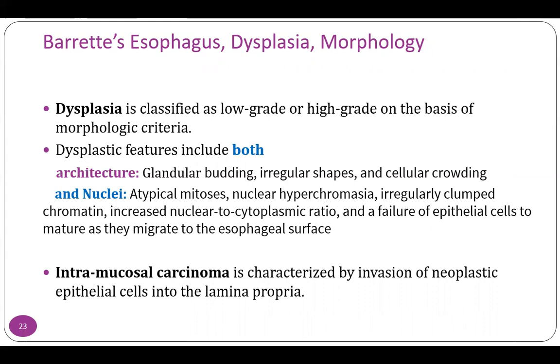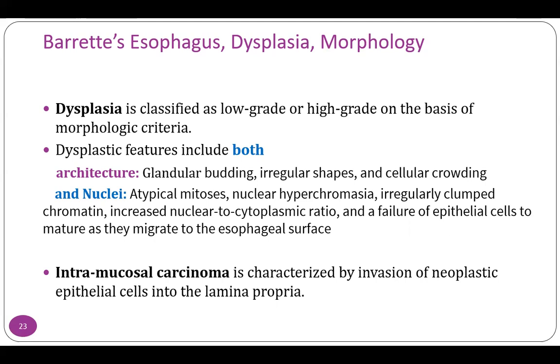Dysplastic change means atypical nuclear change, which usually includes high N/C ratio, mitosis, hyperchromasia, enlargement, pleomorphic nuclei, irregular nuclear membrane, macronucleoli. All of these are features of dysplasia.